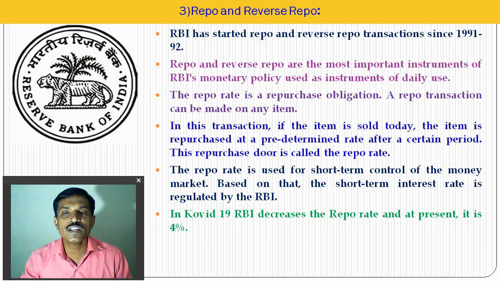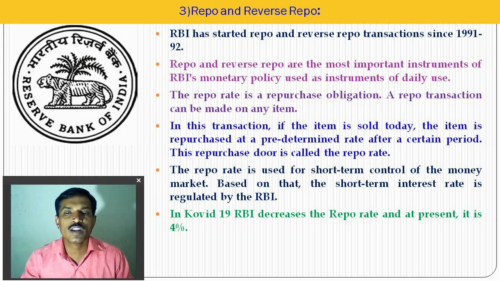So the repo rate is used for the short term control of the money market. For a very short period of time, when the commercial bank gives a loan to the RBI, at that time they reduce their creditworthiness, and when the RBI repurchases their securities, at that time it increases their creditworthiness.